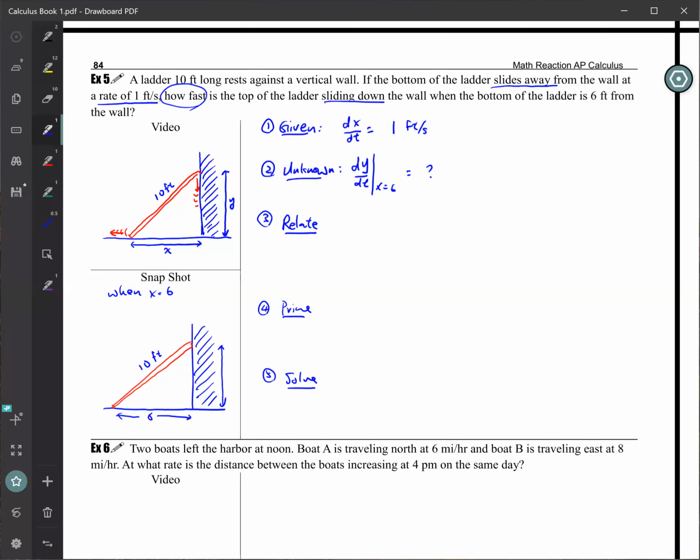But I don't know if that has anything to do with anything. What do you mean? Because I found the height of how high up the ladder is, but I don't know if that has anything to do with anything. Okay, you said you used which relation?